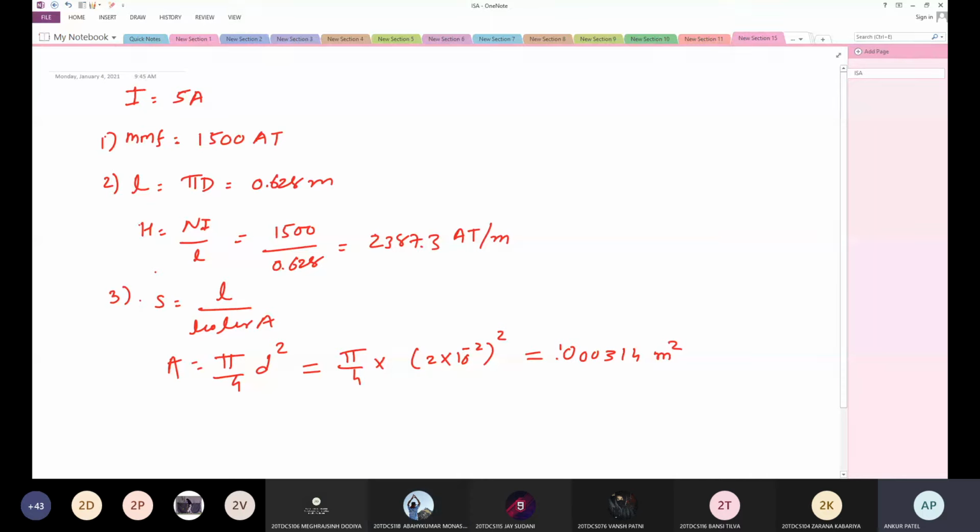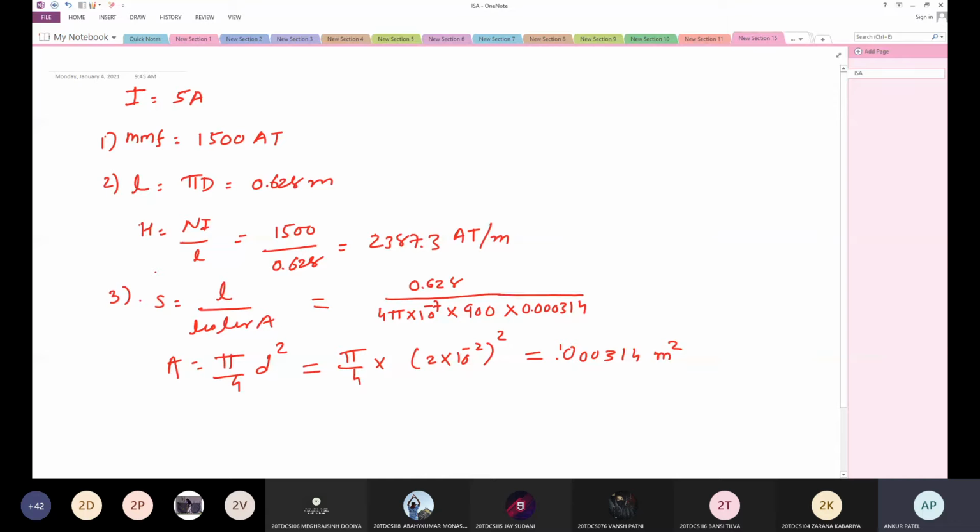Now find out reluctance. S is equal to L upon mu 0 mu r A. L is given, 0.628. What is mu 0? 4 pi into 10 raised to minus 7. Mu r is 900, into the area 0.000314.